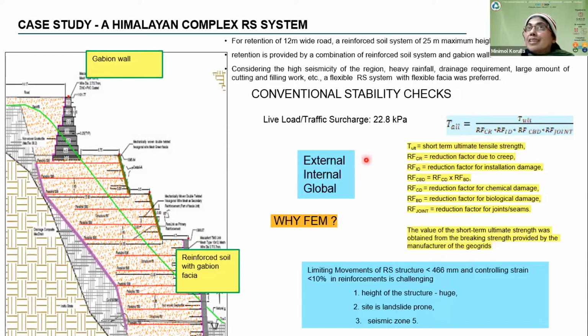So all these material factors, as per the different manufacturers' certified data, need to be applied. For this particular project, all the reduction factors together come out to be almost 1.65. But that is not our topic.